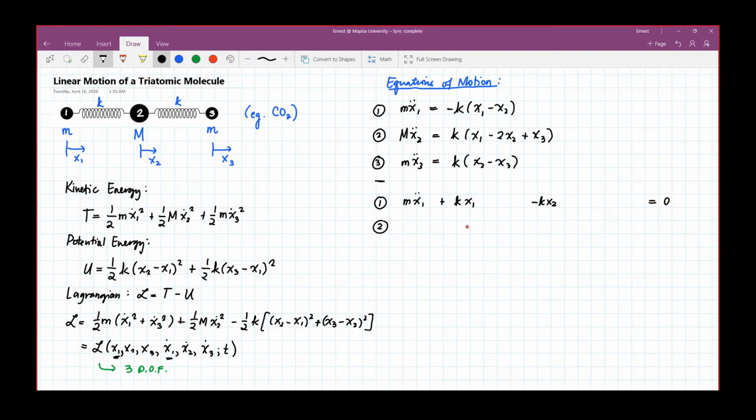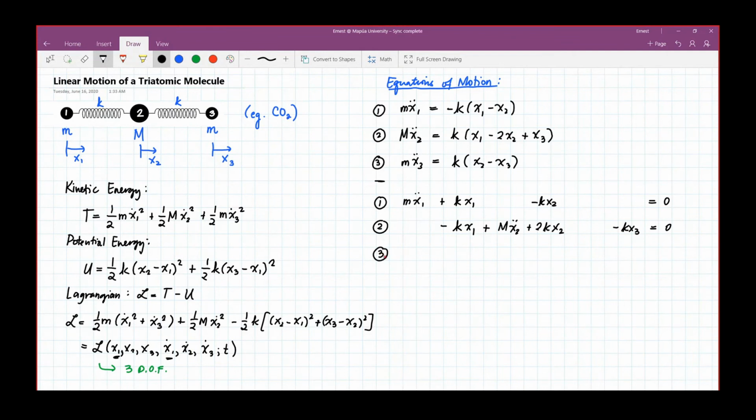Equation number 2. You will notice that I am aligning some terms. So this is minus k x1, plus capital M x2 double dot plus 2k x2, minus k x3 equals 0.